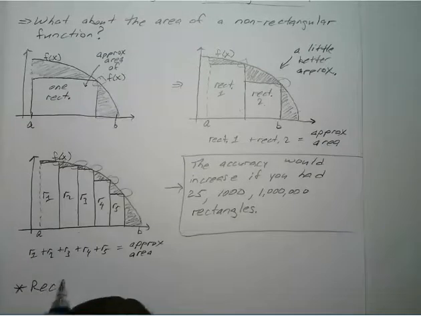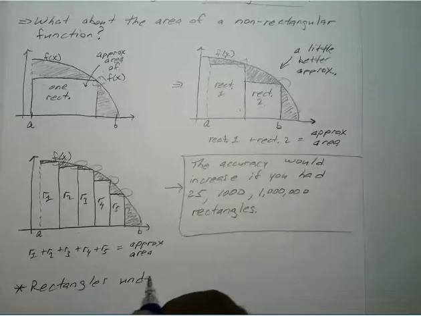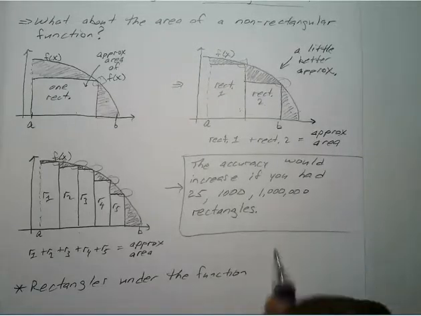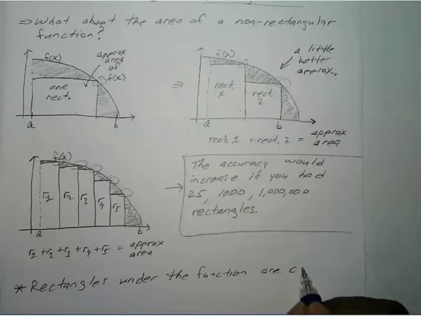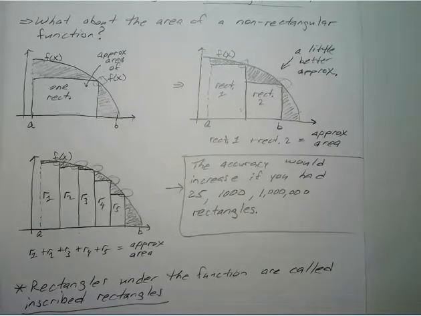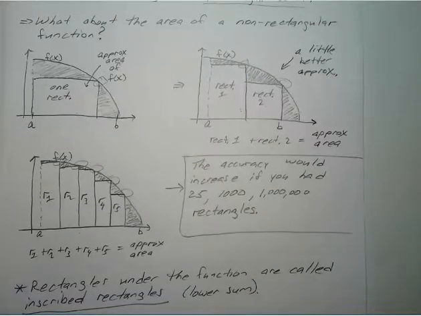So rectangles under the function are called inscribed rectangles. Okay, and those are actually useful when you're looking for your lower sum. So you want to remember that. It'll come in very handy on our examples.